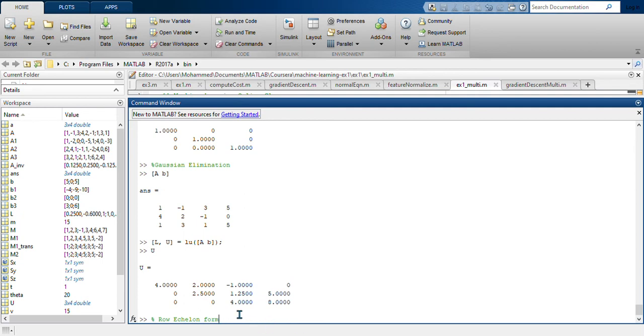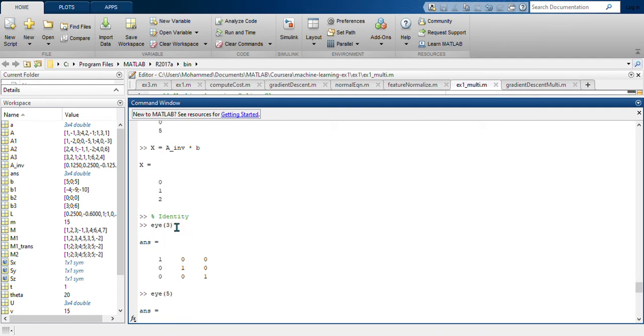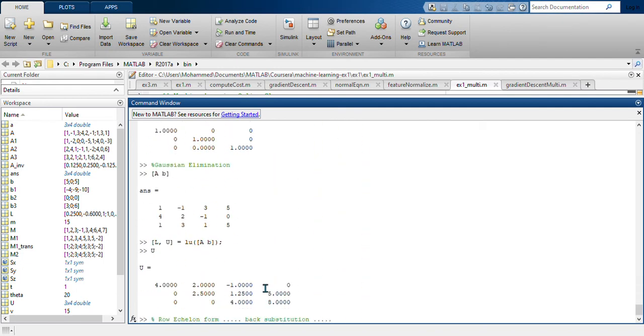And from the row echelon form, you can perform back substitution. And when you perform back substitution, you will get 4z equal to 8. So that means z equal to 2, which is exactly what we saw here, z equal to 2. And then substitute that z equal to 2 in the second line, in the second row.